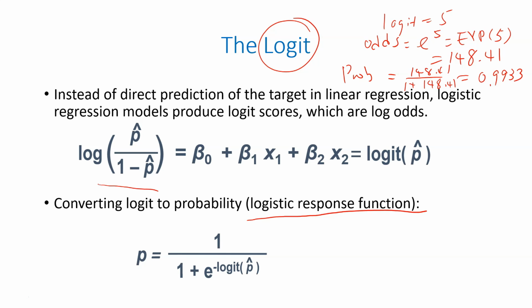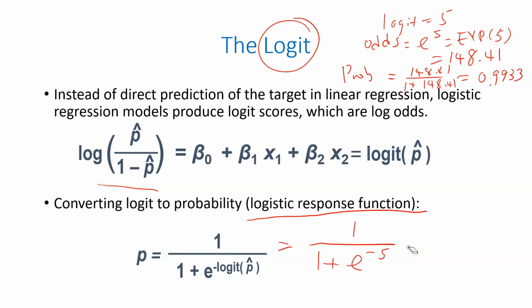For example, if Logit is 5 again, we can compute the probability as 1 divided by 1 plus e raised to the power of negative 5.